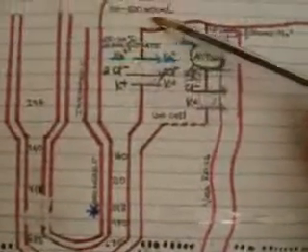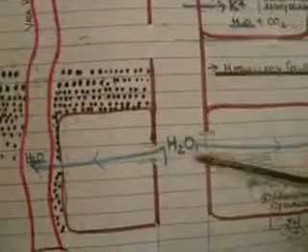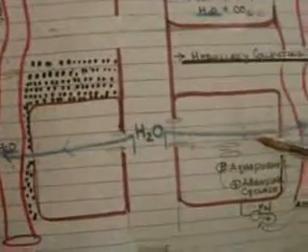So what happens is, as the tubular fluid travels towards the collecting tubules, it sets up the potential for the reabsorption of water under the influence of the antidiuretic hormone.